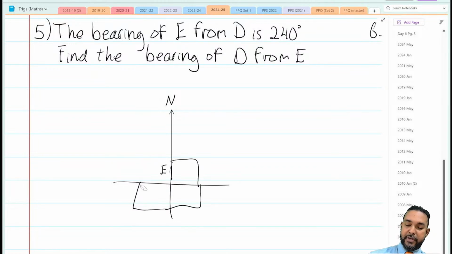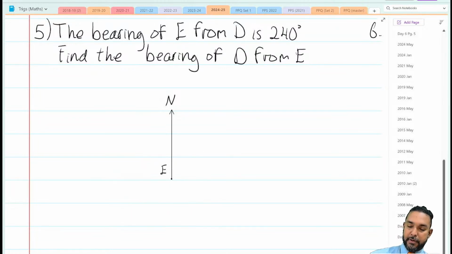So 240 is somewhere in that lower quadrant there. Sorry, so this is supposed to be D here, and this is E here, and that is 240 degrees.